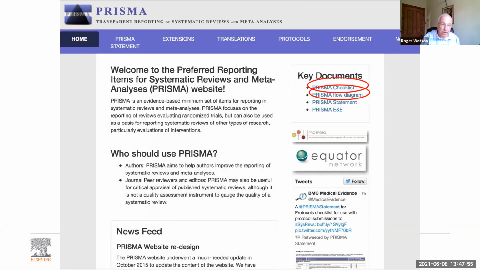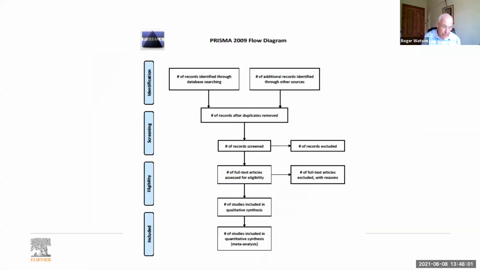The key things here: the checklist, which I won't go into, is part of EQUATOR, and will be familiar to those of you who've either read or carried out systematic reviews. It's a flow diagram, a similar idea to the CONSORT flow diagram. This is the way in which you explain all of the papers that you found, how you decided to remove the duplicates or exclude other records, down to the papers that you actually qualitatively looked at or meta-analyzed.